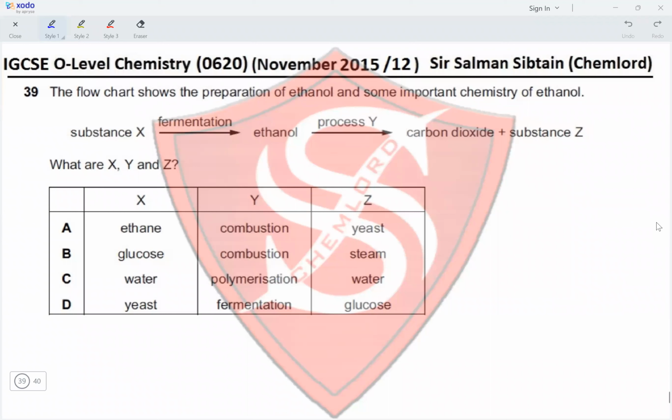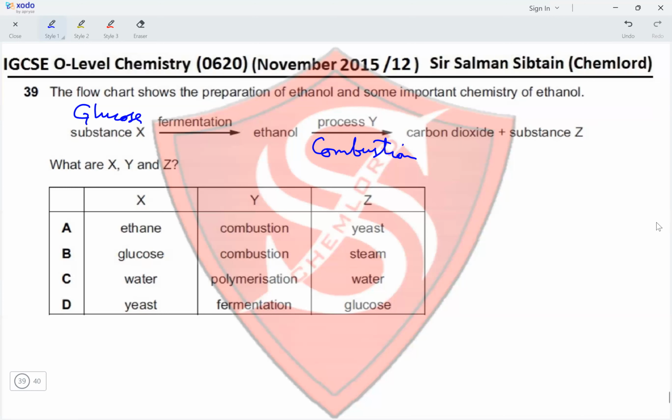Question 39. The flow chart shows the preparation of ethanol and some important chemistry of ethanol. Substance X upon fermentation produces ethanol. So substance X has to be glucose. Ethanol through process Y produces carbon dioxide plus substance Z. So if ethanol is producing carbon dioxide, process Y has to be combustion.